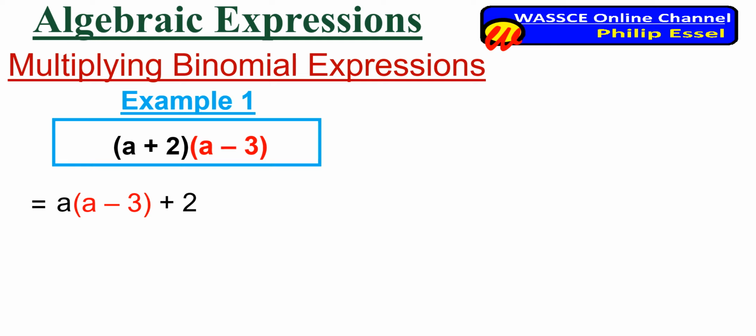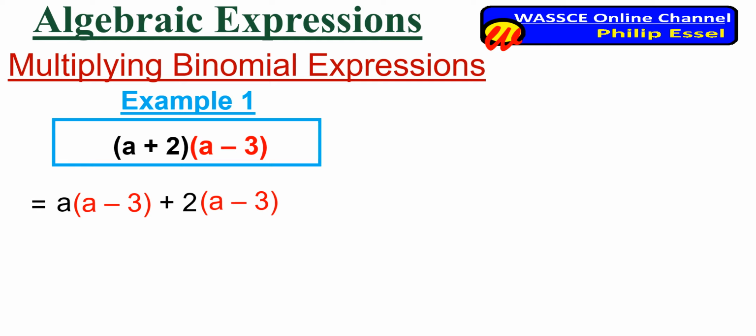So let's quickly do that. At this point, we have a new expression which is equal to a(a - 3) + 2(a - 3).